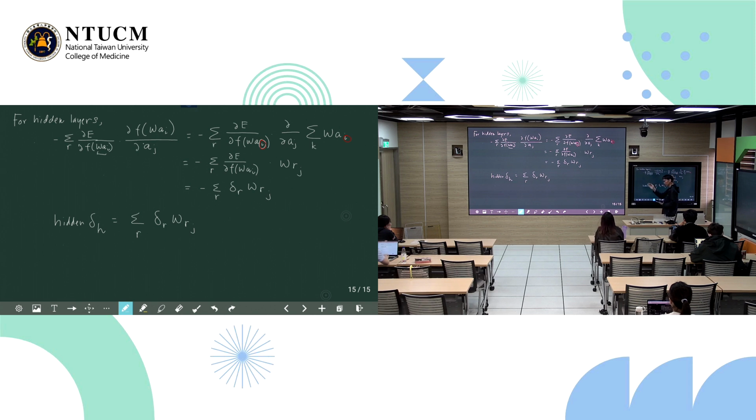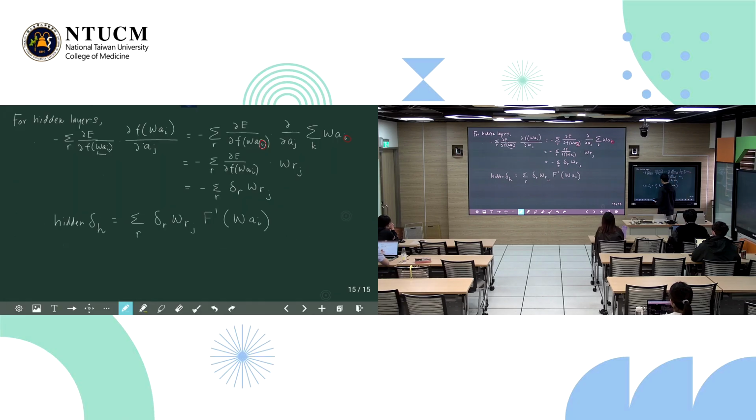It's the jth layer with the rth node. Here is the rth node backwards to the j layer. It's significant. It will make sense when we draw it out. We may not draw it out today, but we can draw it out in the next lecture.